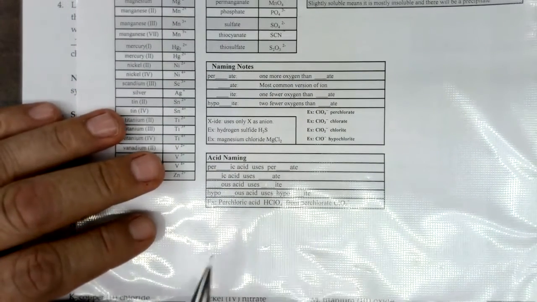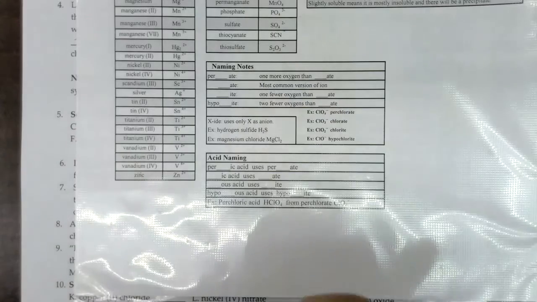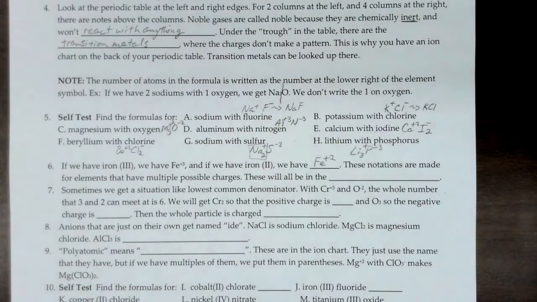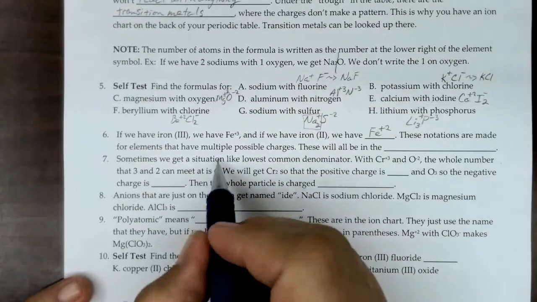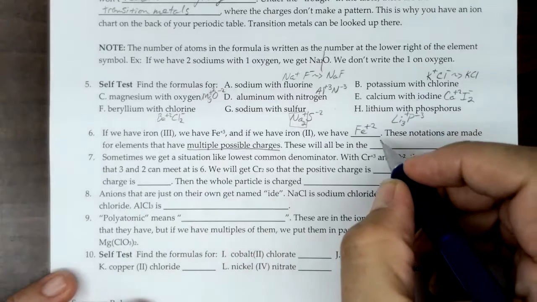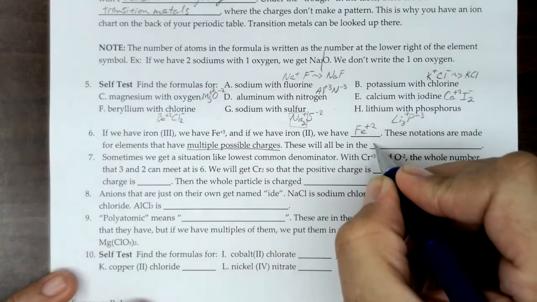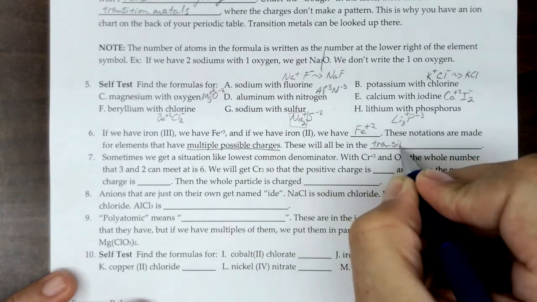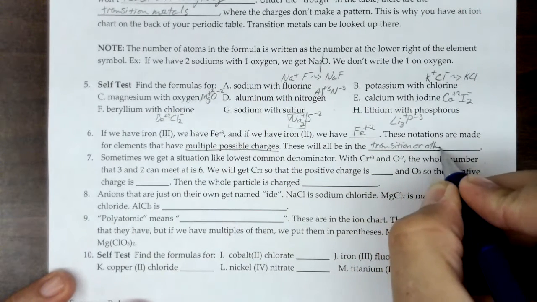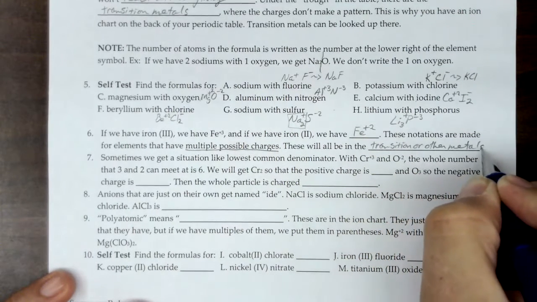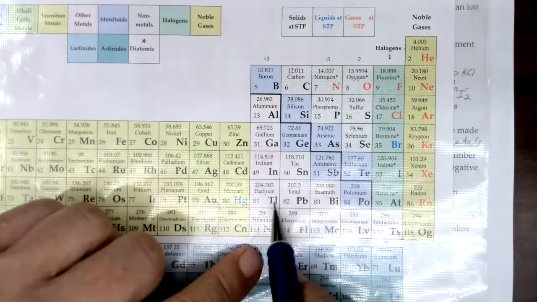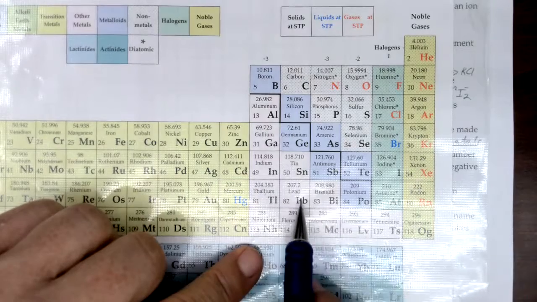So the Roman numerals, note to self, is when the charge is in doubt because there is more than one version. Hit pause and write that down. These notations are made for elements that have multiple possible charges. These all will be in the transition or other metals, because the other metals are the ones down here, and there are multiple charges of things like tin and lead.